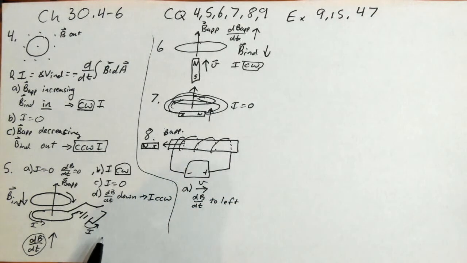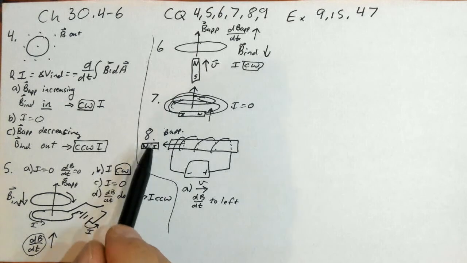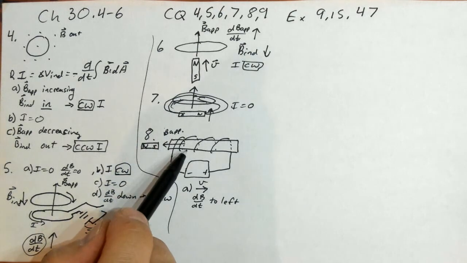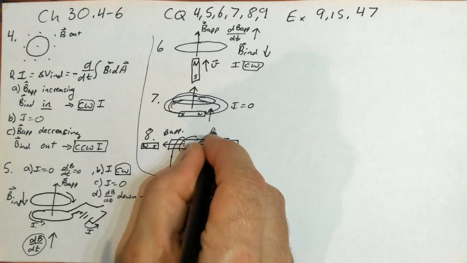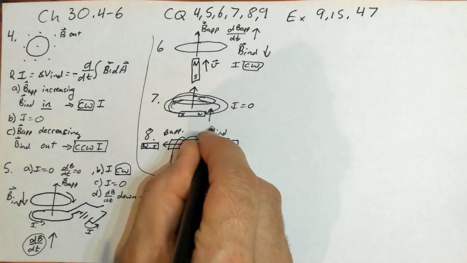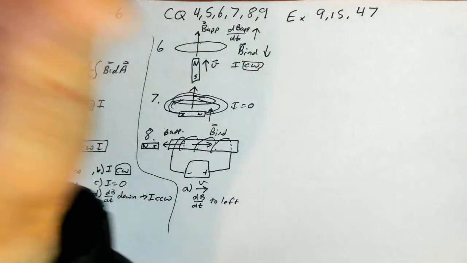And the coil says, I don't like that. So it creates a current that would create a field to oppose that change. So it wants to have a B field that opposes that. So this would be B induced, because it doesn't want it to get bigger to the left. And then in order to get that, we use our right-hand rule for a curly loop.